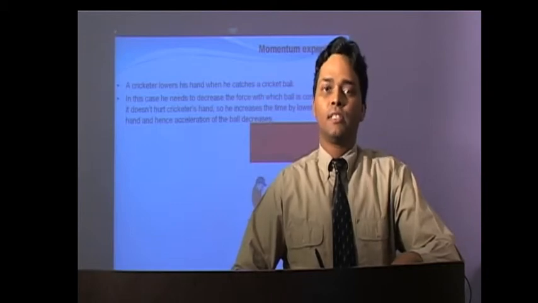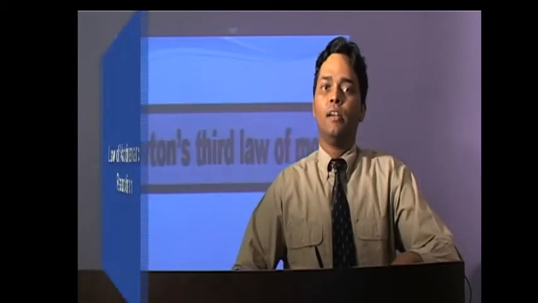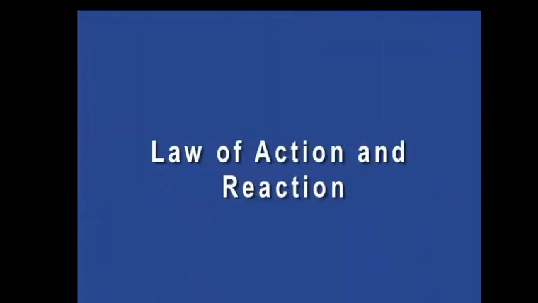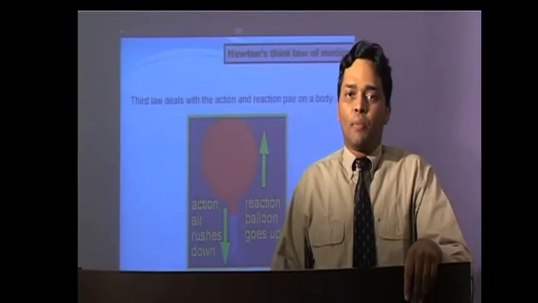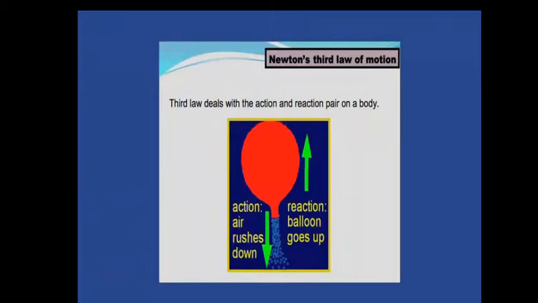Now we are going to discuss Newton's third law of motion, which is also known as the law of action and reaction. Let's put some air in a balloon. What happens because of that? The balloon goes up and it starts ejecting air in the downward direction.